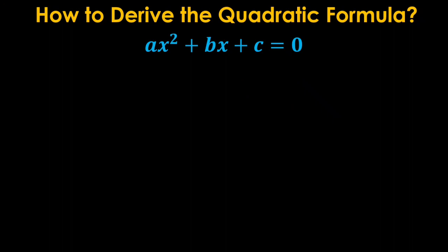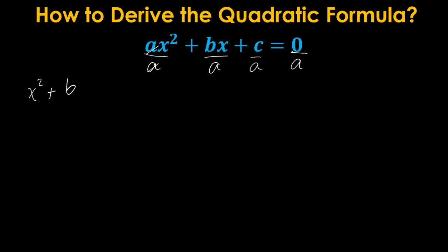We begin by dividing both sides of our equation by a. And we can distribute a to each term of our left-hand side. Now here we can cancel out the a. We then have x squared.